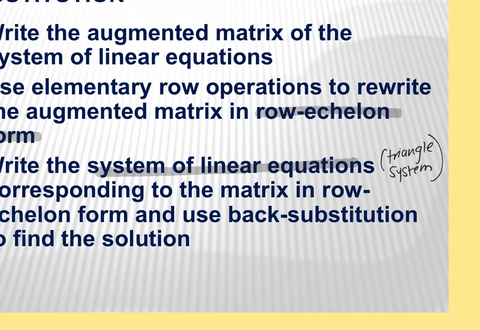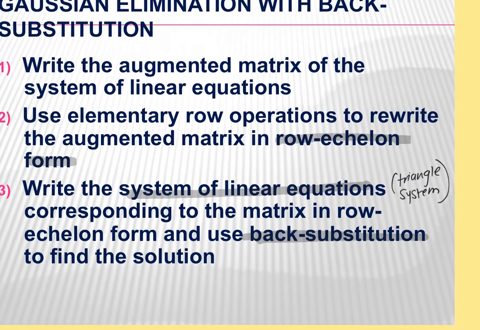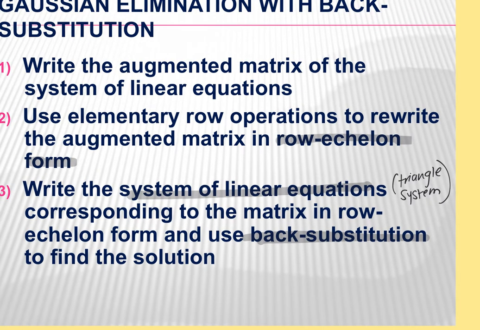You will have one with 3 variables, one with 2 variables, one with 1 variable. And then you're going to use back substitution, which means work your way up. The one with 1 variable you solve, take that, plug it into the one with 2 variables, and take those and plug it into the one with 3 variables. So you're kind of just piecing together the things that we've been doing. The row echelon form and then the triangle system goes together, okay?